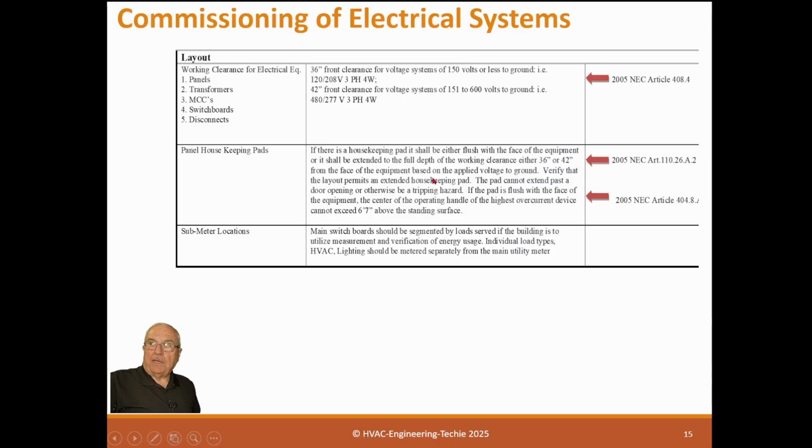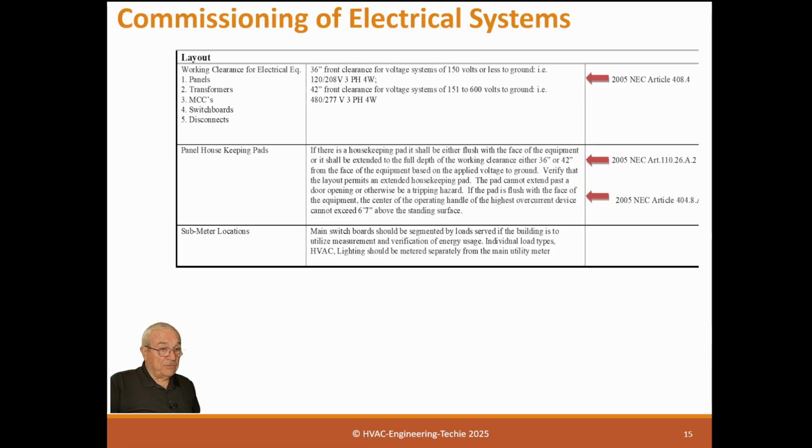Panel housekeeping pads. This is another thing that people don't tend to look at, but is a code requirement. All the panel gear in an electrical room that's sitting on the floor needs to be on a housekeeping pad, and by code, that pad needs to be the same size as the gear. If the pad is bigger than the gear, now it can be an inch. No one's going to complain about that, but if it gets to be 6 inches or more, the code requires that it be the 36 or 42 inches, because it's a tripping hazard.